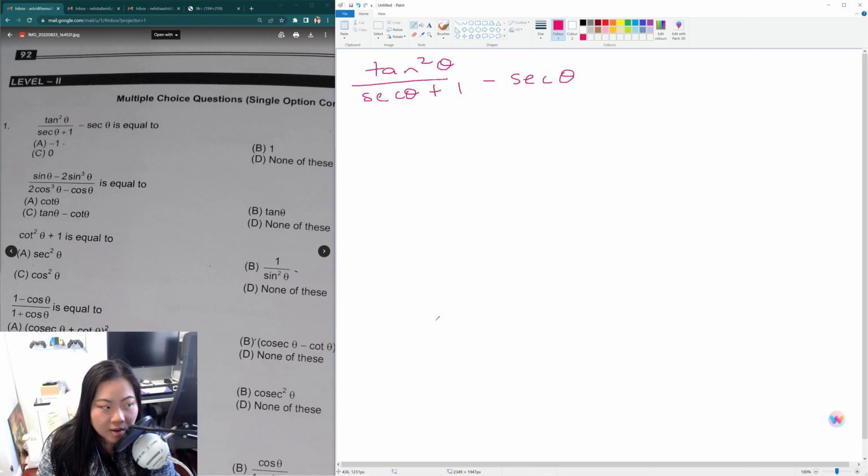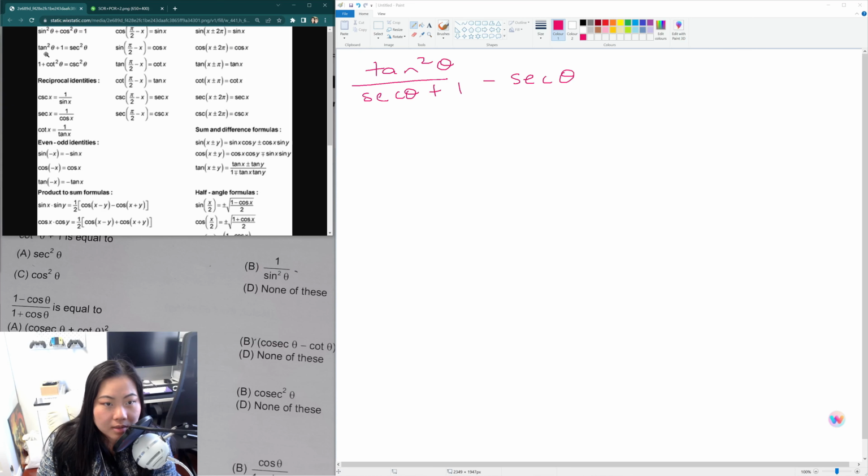So let's get our trig identities up. Alright. So tan squared theta plus 1 is equal to sec squared theta. Therefore, we can substitute this tan squared theta with sec squared theta minus 1. Let's do that.